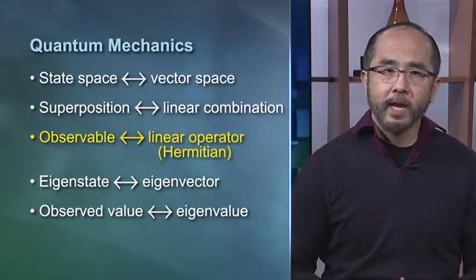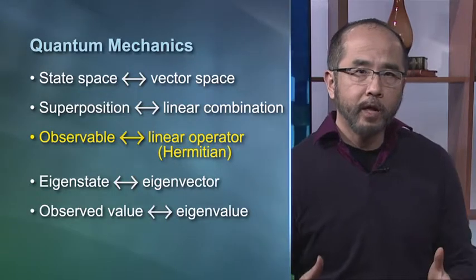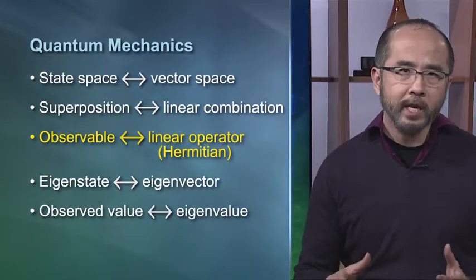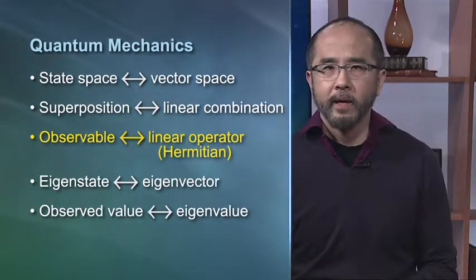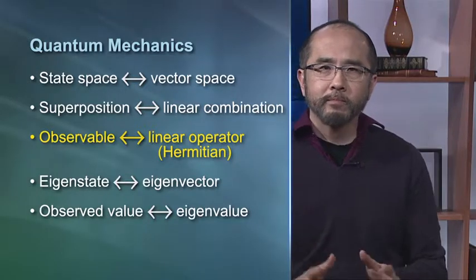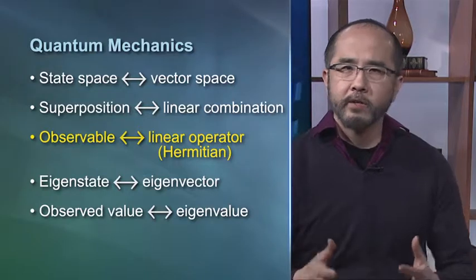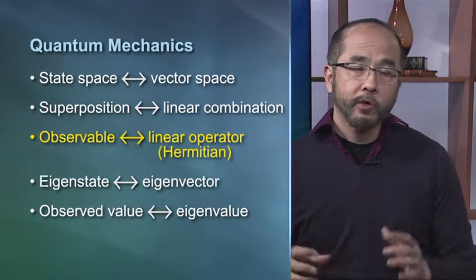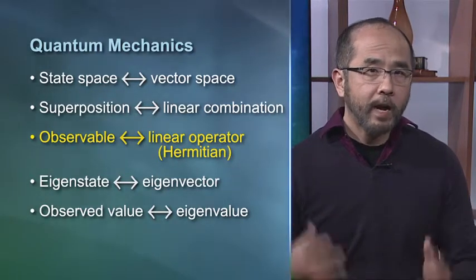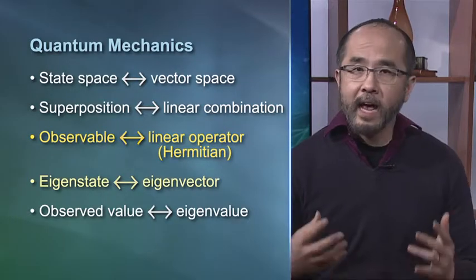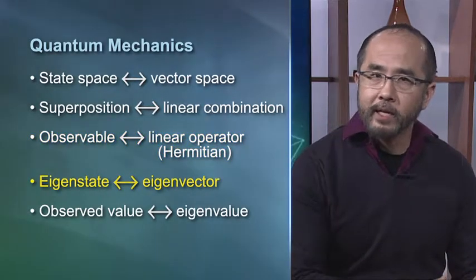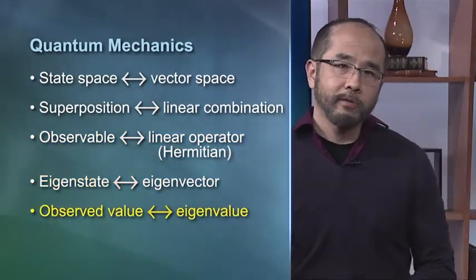And in quantum mechanics, an observable is modeled well by what's called a Hermitian linear operator. Again, it's not so important what that means, except that you should think of it as a linear transformation on the state space. So an observable, as a linear operator, has eigenvectors, called eigenstates, and eigenvalues.